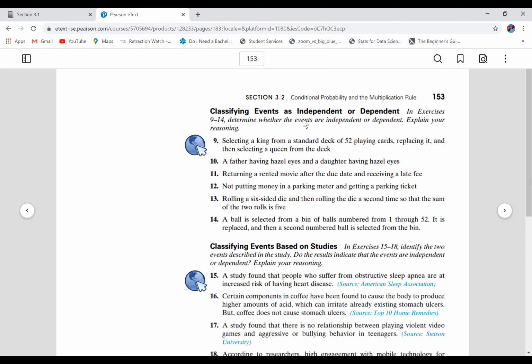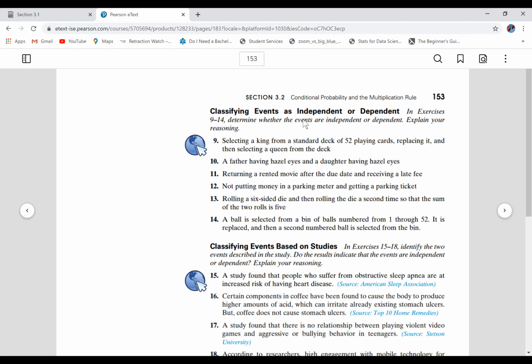For example, if the first roll gives me a 3, I need a 2 to get a 5, so they're related with each other. If I get a 4 on the first die, I need a 1 in order to get a 5. But if I get a 6 on the first roll, guys, I will never get a 5 because this is way above 5. So they're depending on each other.